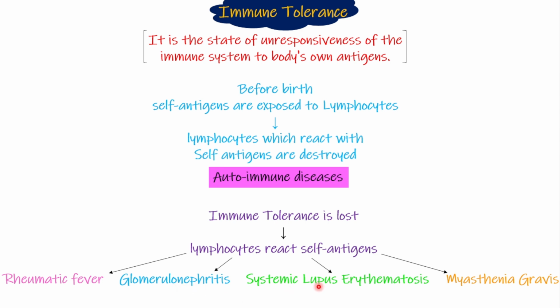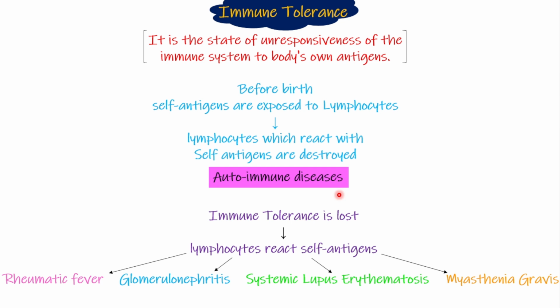In systemic lupus erythematosus, commonly known as SLE, the immune system attacks many organs of the body, including the skin, the joints, the heart, the lungs, the blood cells, and many more. In myasthenia gravis, the immune system attacks the neuromuscular junction. So these are autoimmune diseases.